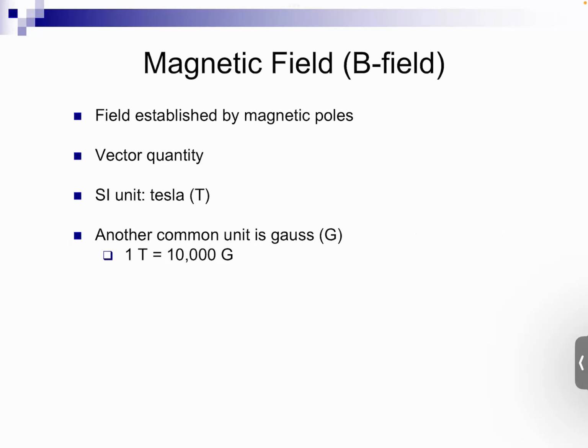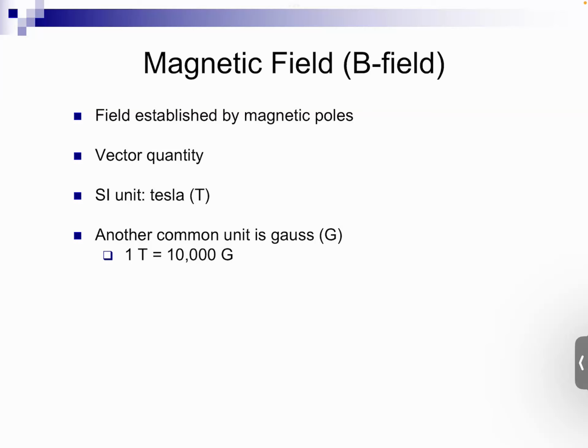All right, so the first parallelism is the generation of magnetic fields. When we talked about electric fields, we learned that a charge will create an electric field around itself. So charge equals electric field. Now, if you have a magnet, then that magnet will create a magnetic field around itself. So magnetic fields are created by magnets.